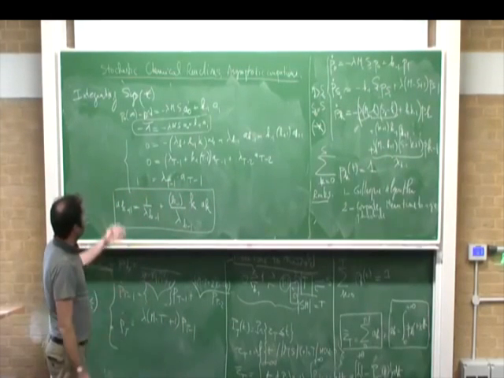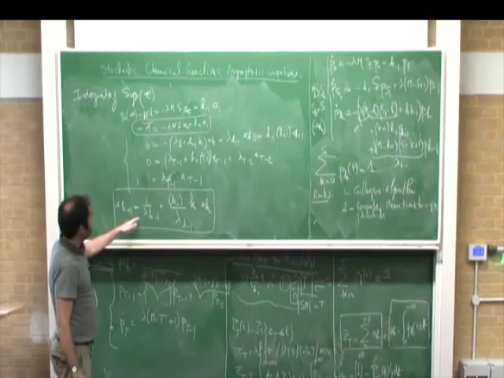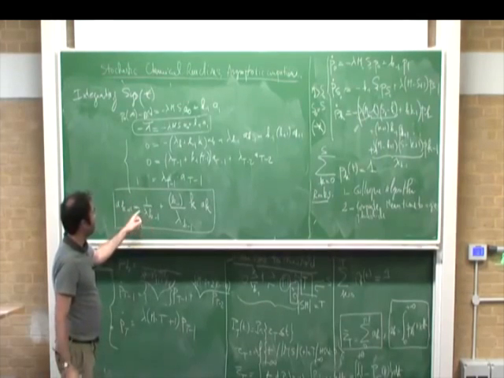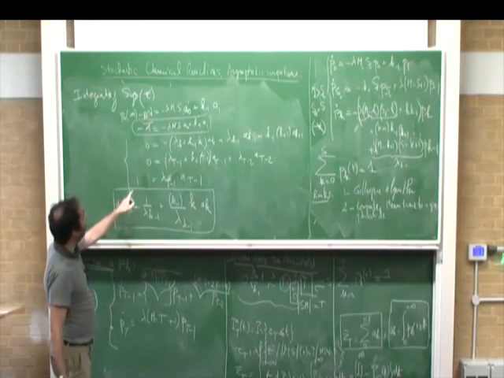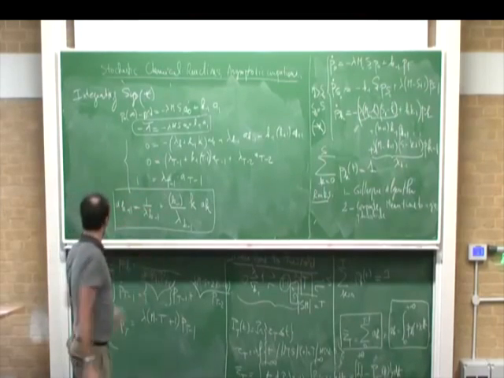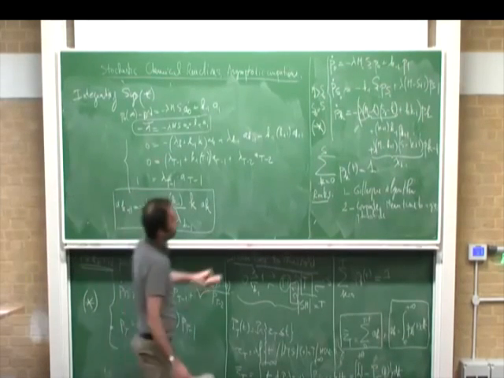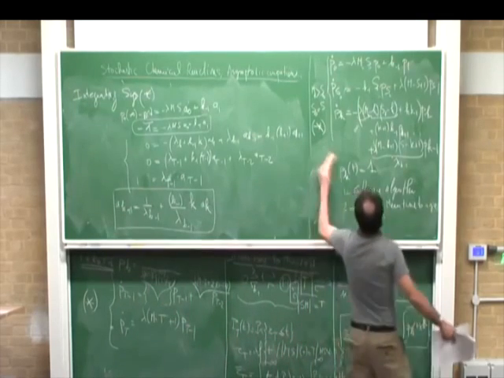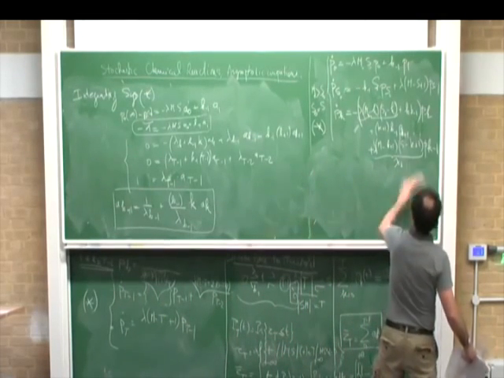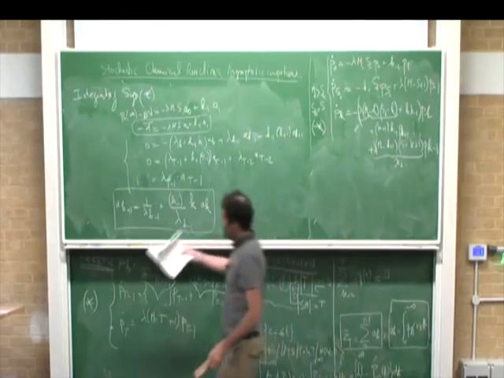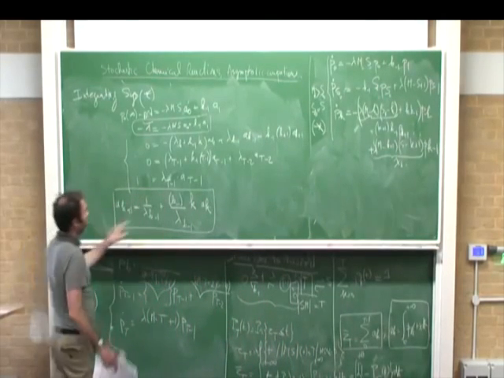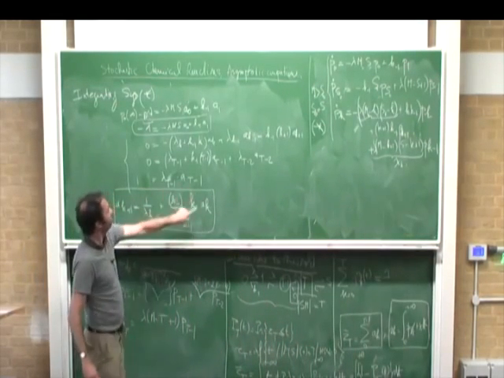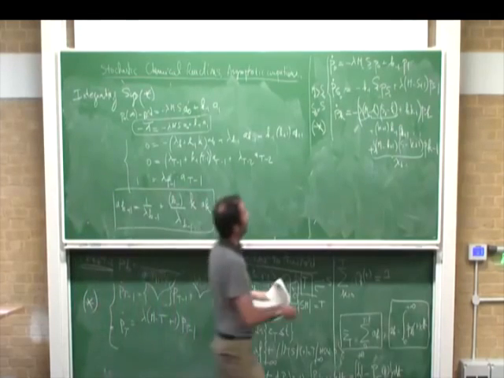So, from this, you can sum all of the AK, and you end up with the result.